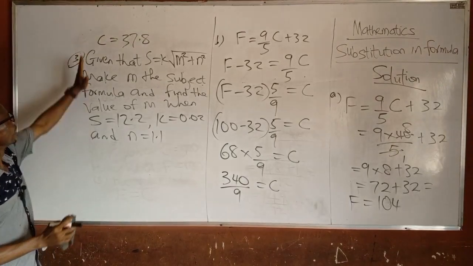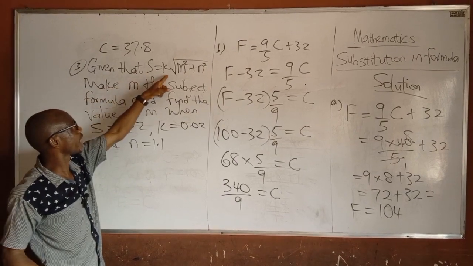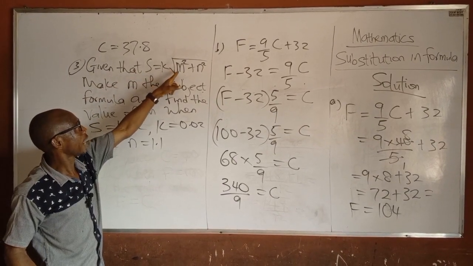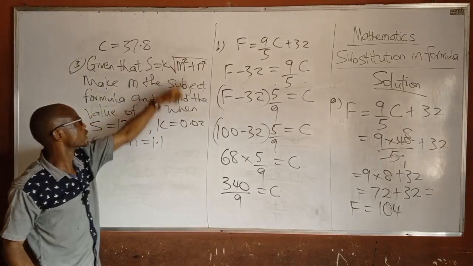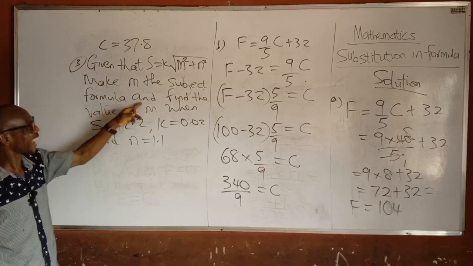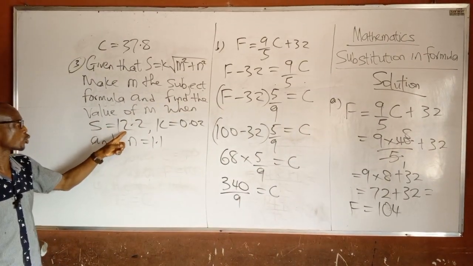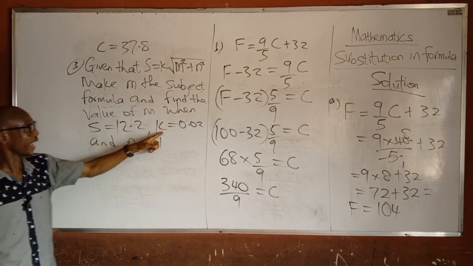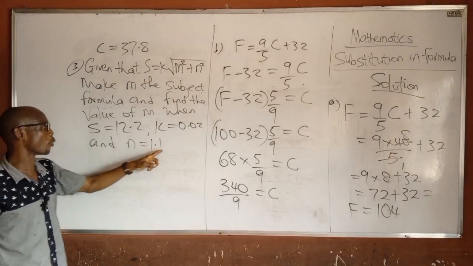Let's say we are given a question like this: given that x is equal to k root m raised to power 2 plus n raised to power 2, all in square root, it says make m the subject formula and find the value of m when x is equal to 12.2, k equal to 0.02, and n equal to 1.1.